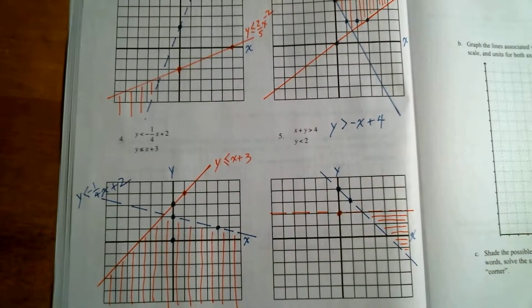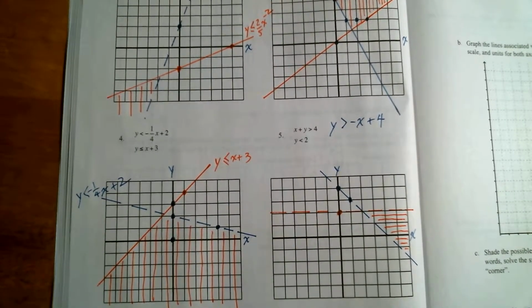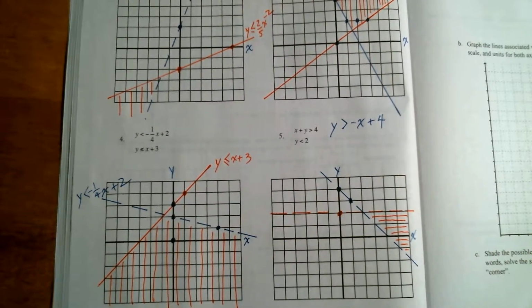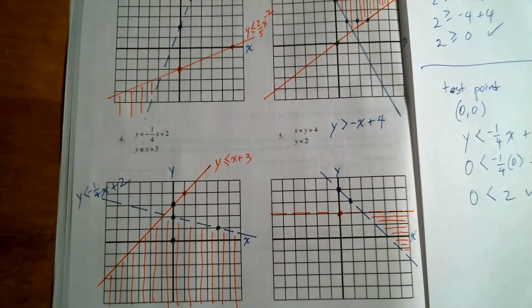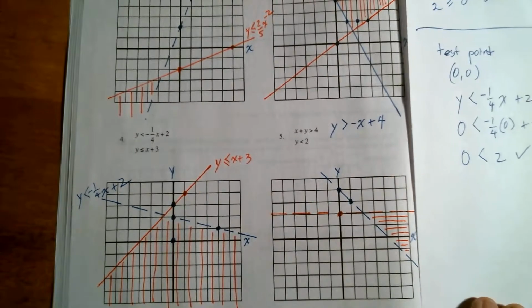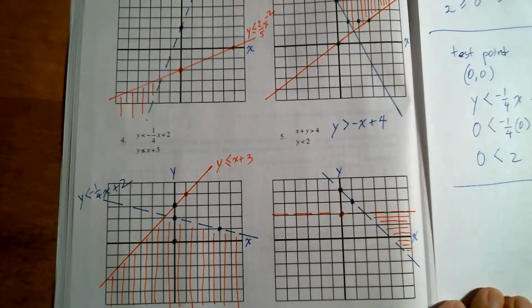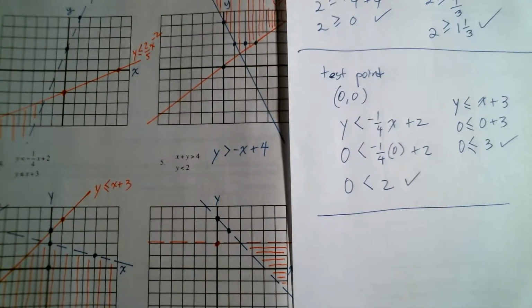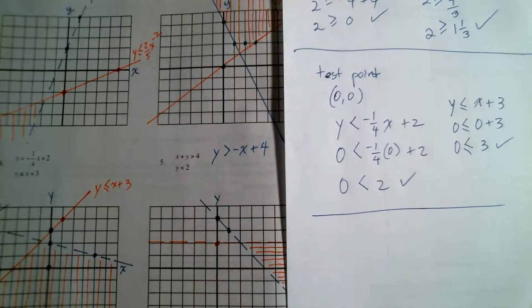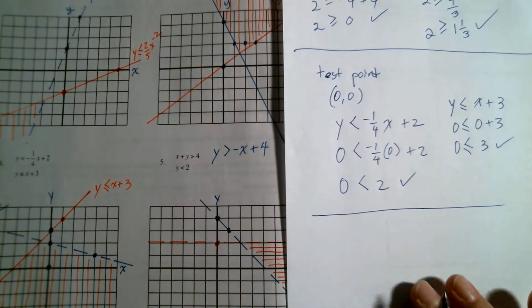Now let's double check to see if it does hold with a test point. Here's another test point we're going to use. Use my scratch paper here. So I hope you guys got to see my test points.